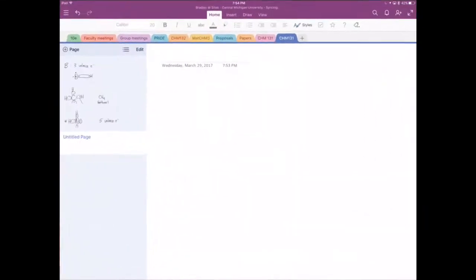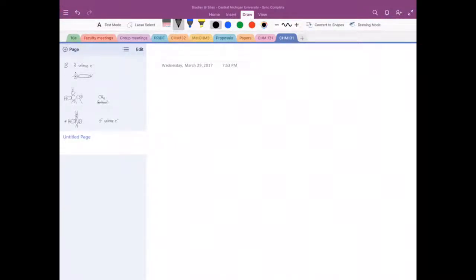For positively charged species, something that we're going to draw a little bit later, how about this one, H3O+. If it has a plus charge, you're going to subtract an electron from that total. Oxygen has 6 valence electrons.